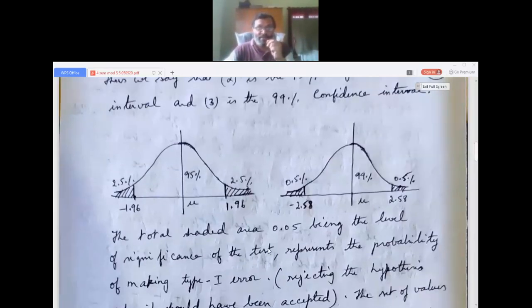The total shaded area, 0.05, being the level of significance of the test, represents the probability of making a type 1 error: it should have been accepted but we rejected it.